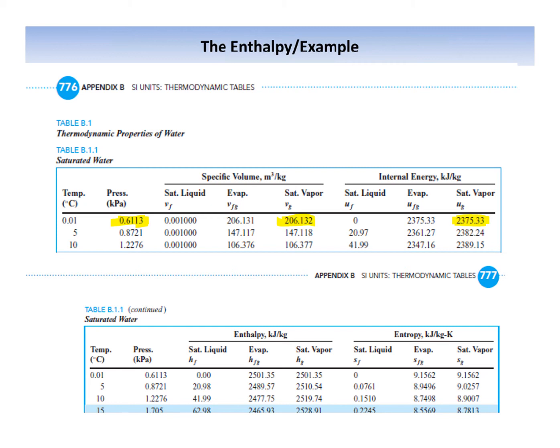Now if we use the definition of H, H is equal to U plus PV.